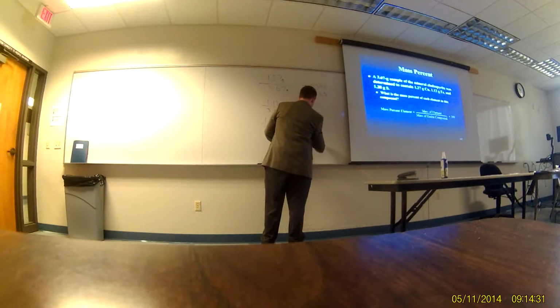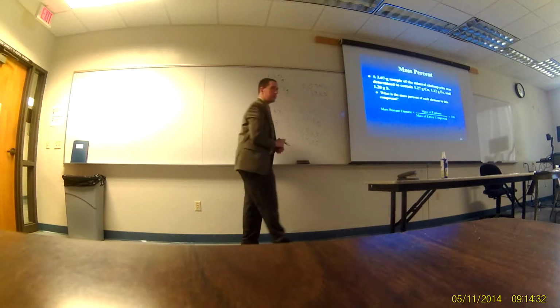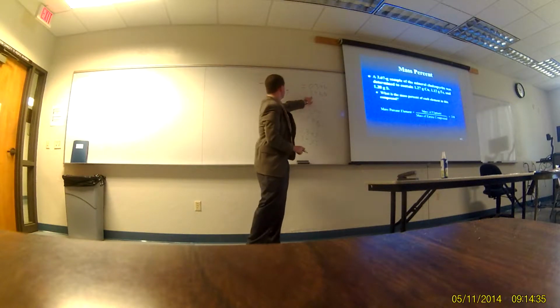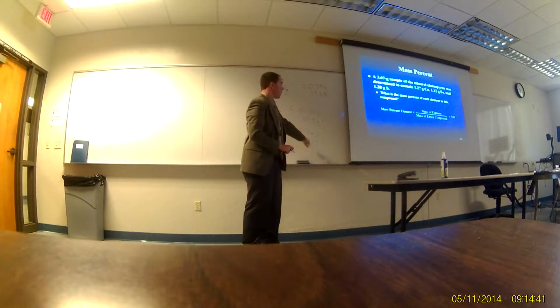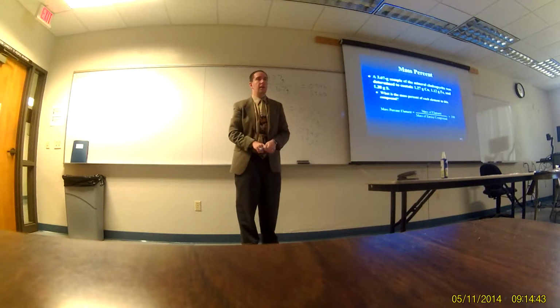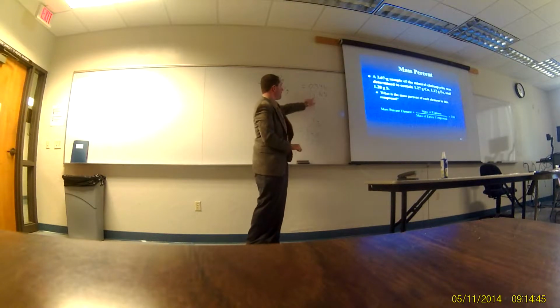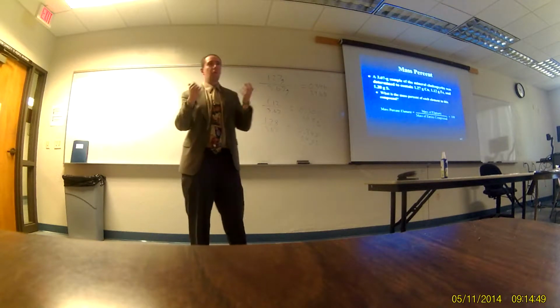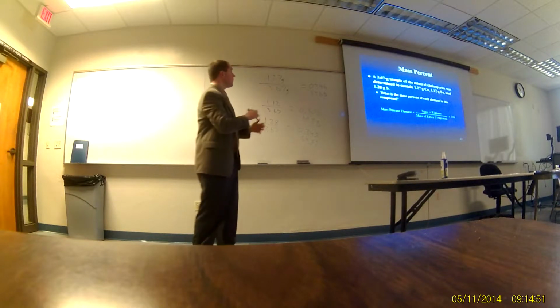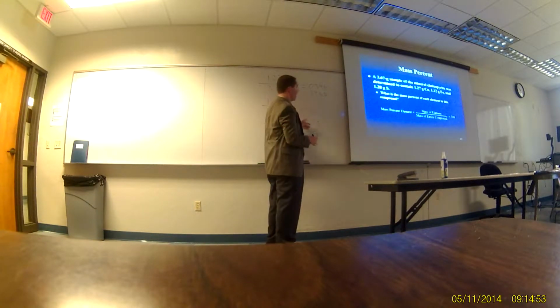So 34.6% copper, 30.5% iron, 34.9% sulfur. And hopefully, if you add these up, that adds up to 100%. Because all your percents have to add up to 100. If they don't, you either did the math wrong or there's an element missing.